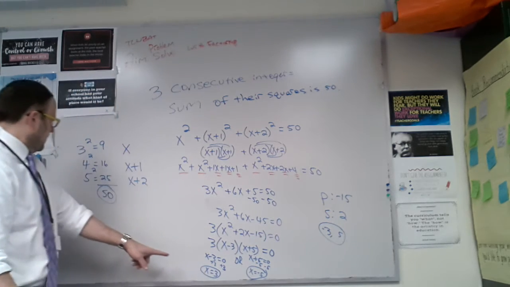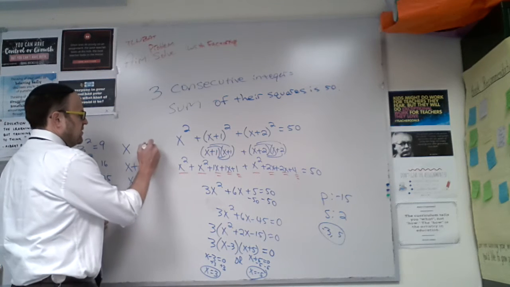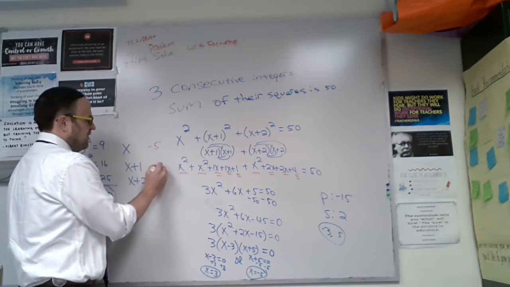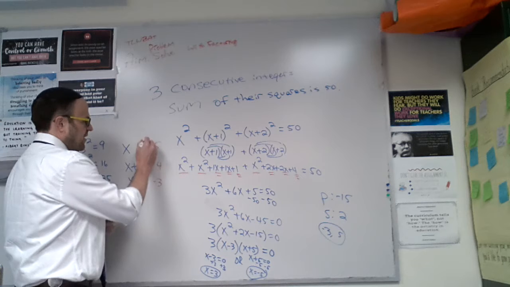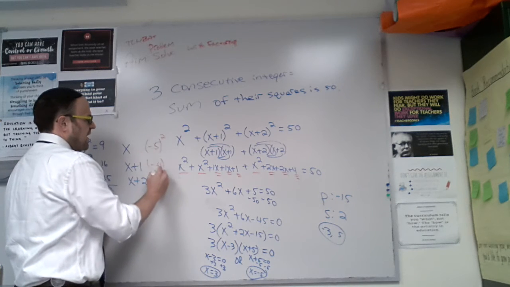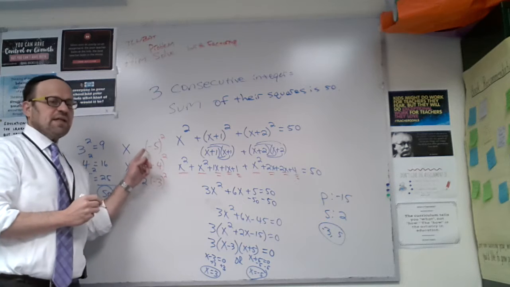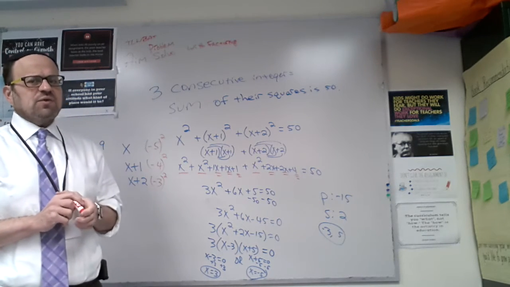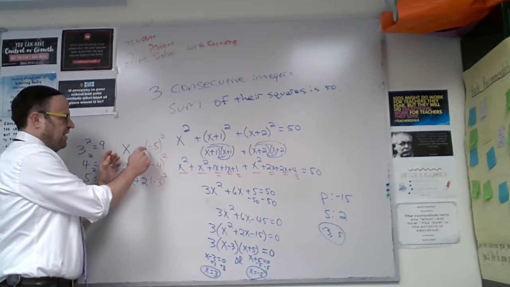What if I had done the negative 5? Would I still get a correct answer? Negative 5. What's negative 5 plus 1 is negative 4. Negative 5 plus 2 is negative 3. What happens if I square each one? Now, I know some of you are thinking about this negative inside the parentheses. How do I know if the negative gets squared or not? Well, x is negative 5.